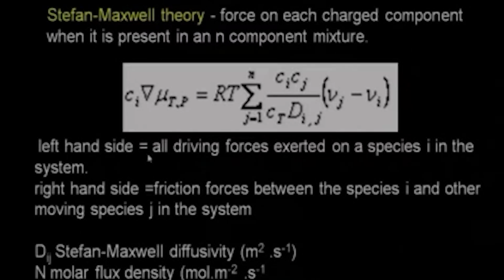It is a summation, because when you have an n component mixture, each component will undergo or experience a force because of another component. That is why you have a summation here, we have Ci, Cj. Cj will be running from 1 to n, small n, where small n is the number of components. Dij is the Stefan-Maxwell diffusivity.